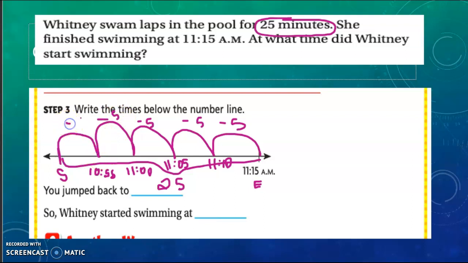So I'll do -5, and that will put my starting time at 10:50. So you jump back to 10:50. So Whitney started swimming at 10:50.